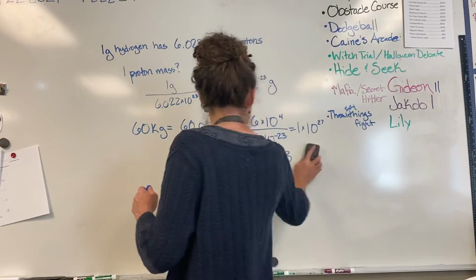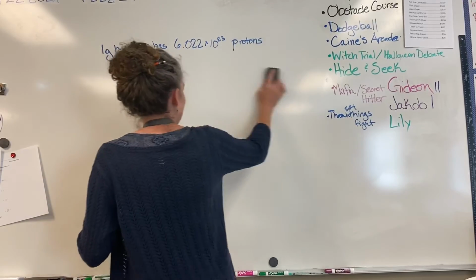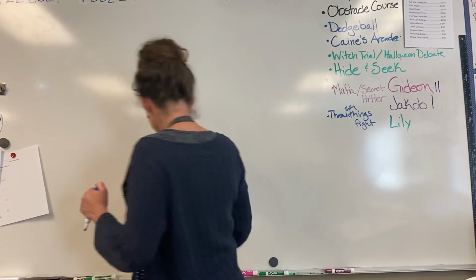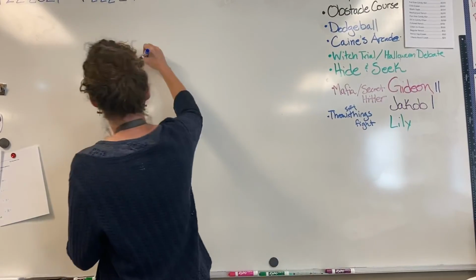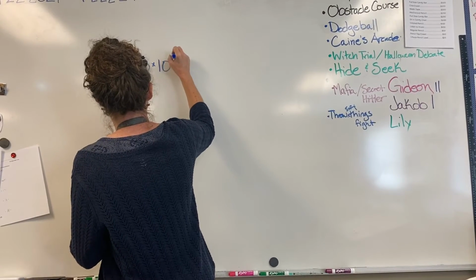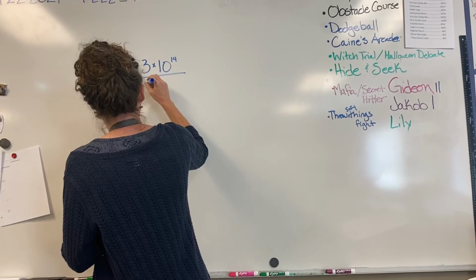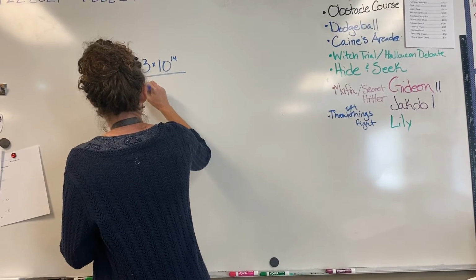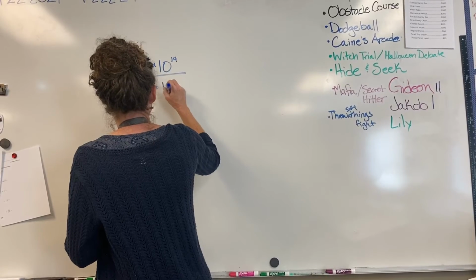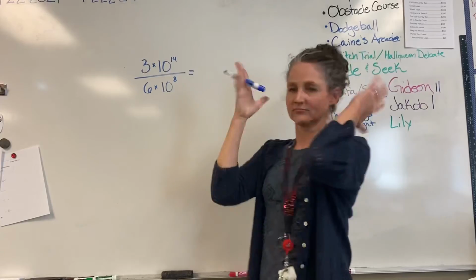I do want to show you something that might happen and how to deal with it, okay? Let's say I have 3 times 10 to the 14th divided by 6 times 10 to the 8th.